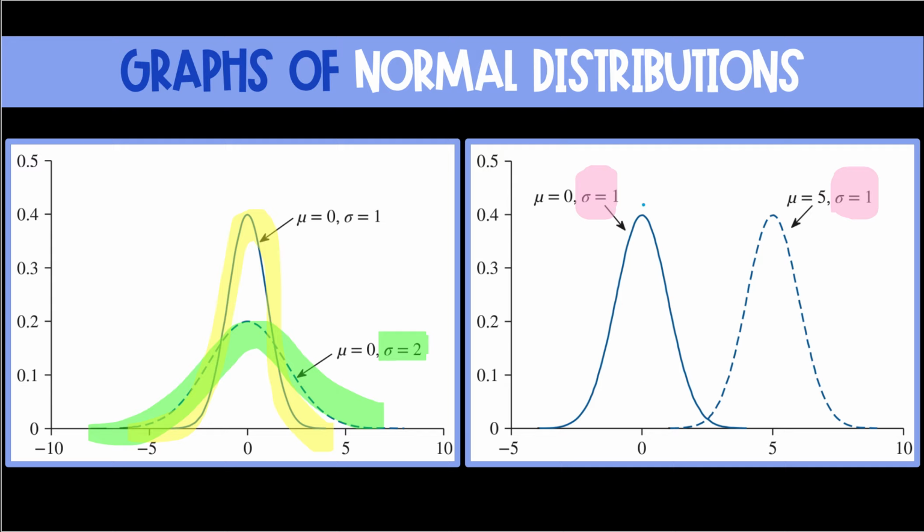The center of your graph is going to be denoted by that mean. If I have mean 0, my curve is going to be symmetric at 0. If my mean is 5, my graph is going to be symmetric at 5 and it's going to be centered at 5.